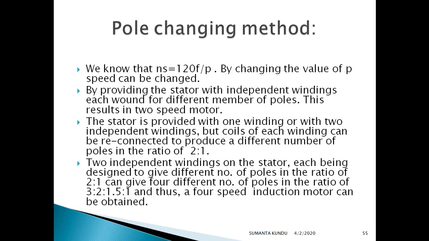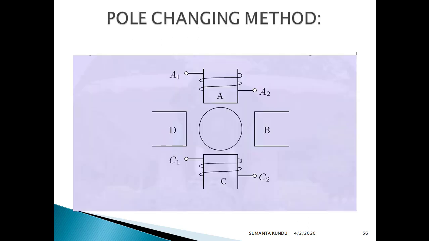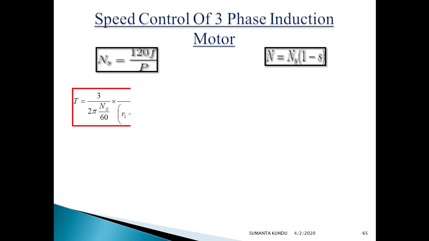The synchronous speed will be, for 6 pole, 1000 rpm, because 120 f by p, p is 6, gives 1000, and for 4 pole it is 1500 rpm. Now if the full load slip is 5%, in this case the speed will be 950 for 1000 synchronous speed, and for 1500 rpm it will be around 1460 to 1480 rpm respectively.